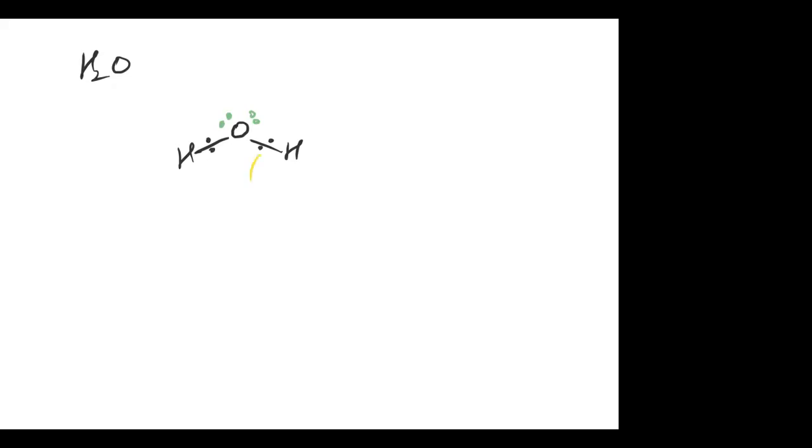As for this pair of electrons and this pair of electrons, this pair is a bond pair of electrons, and this one is a lone pair of electrons. So in the case of H2O, we have one bond pair and one lone pair of electrons.